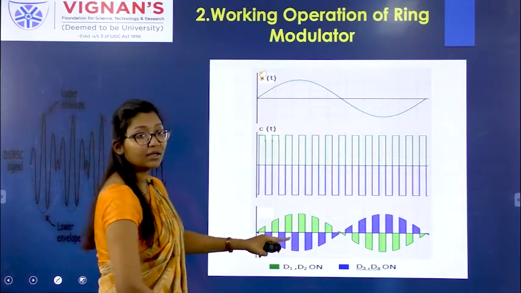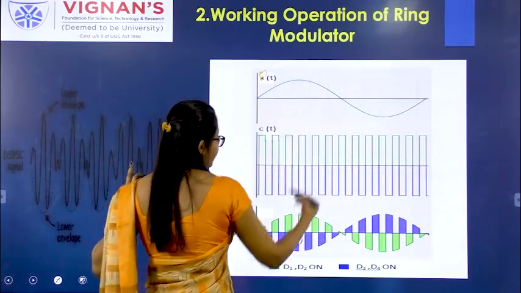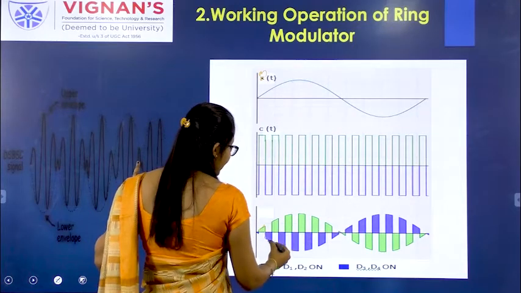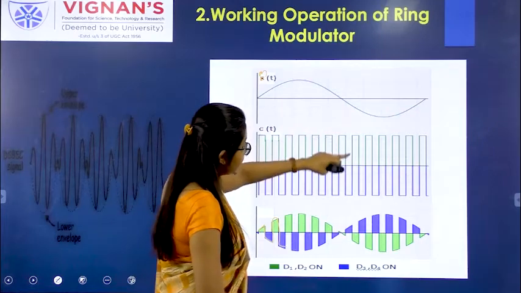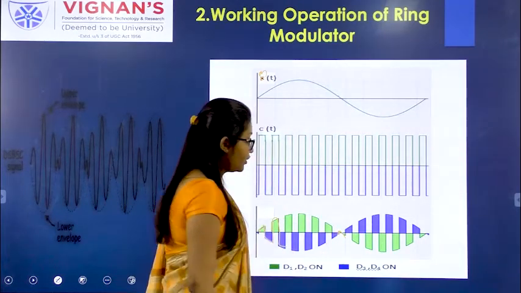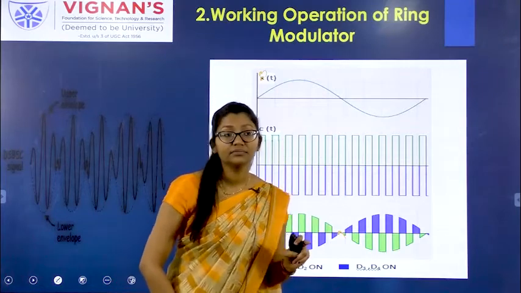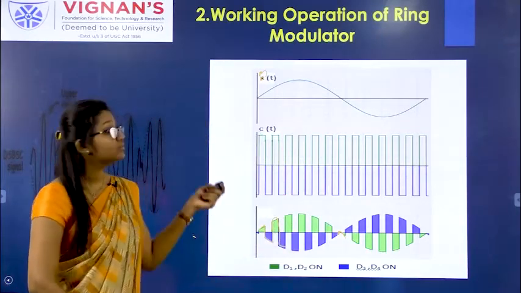At zero crossing you will have a phase reversal. This is the timing diagram of the DSB-SC ring modulator.